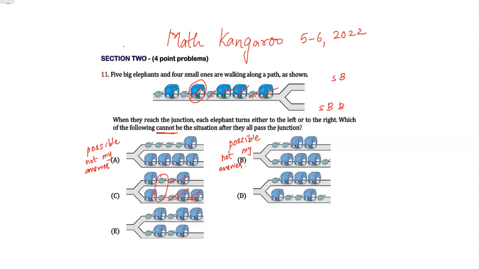So I don't know where to fit this elephant. That is why option C is not possible. Hence, this is my answer. So the answer for question number 11 is option C.